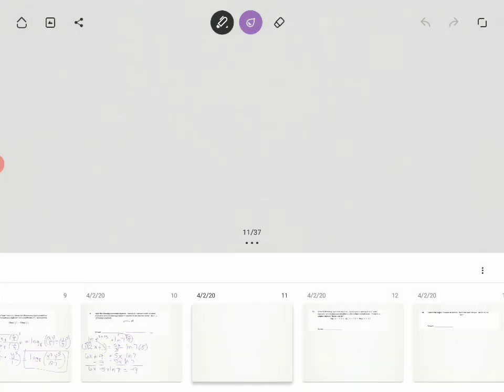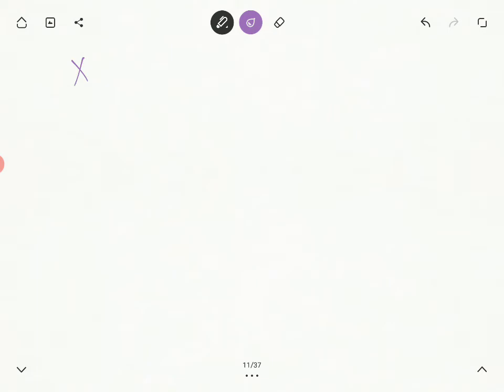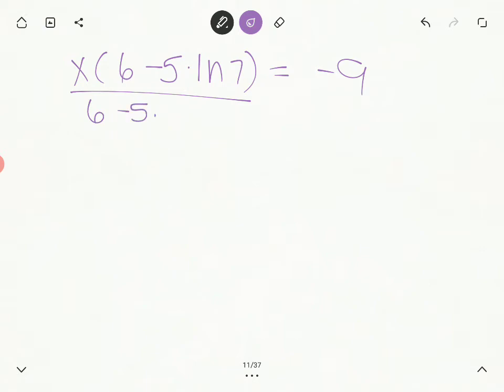So the first part of your answer is going to be negative 9 divided by 6 minus 5 times the natural log of 7. When we stick that in our calculator, we end up with 2.41 to the nearest 2 decimal places.